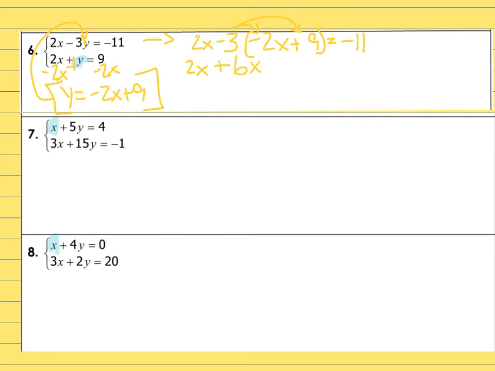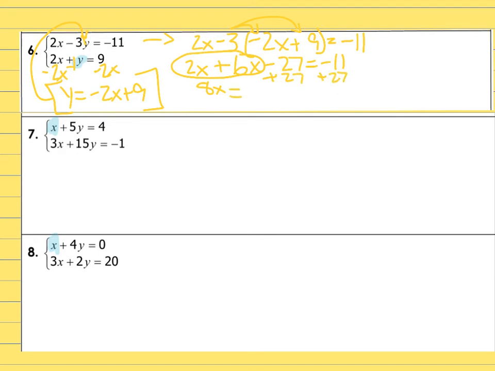That's 6x. Negative 3 times positive 9, however, is a negative 27. And this equals a total of negative 11. Yet again, I'm going to do two things, one step. Combine the like terms, the x's. 2x plus 6x is 8x. Then I'm going to add 27 to the other side.